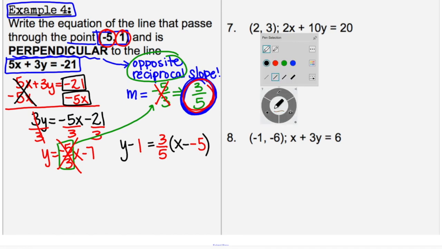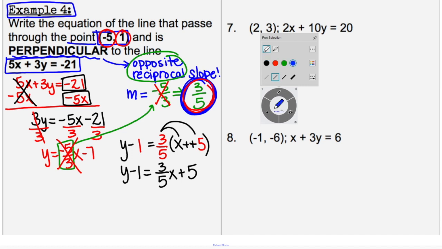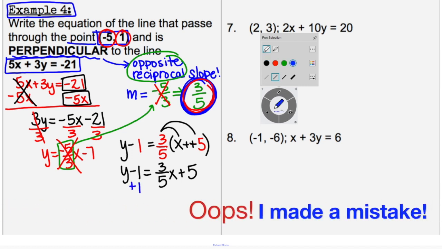Your next step is to simplify. We always want it in slope-intercept form. So on the right side, I'm going to change those to plus, so instead of x minus negative 5, it's x plus 5, and then distribute. So 3/5 times x, and 3/5 times 5, which is not 5, it should be 3. That was my mistake.